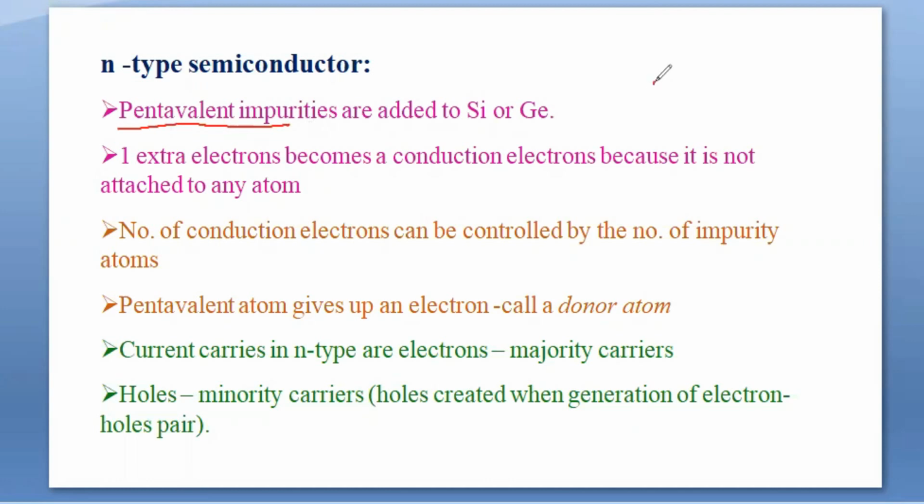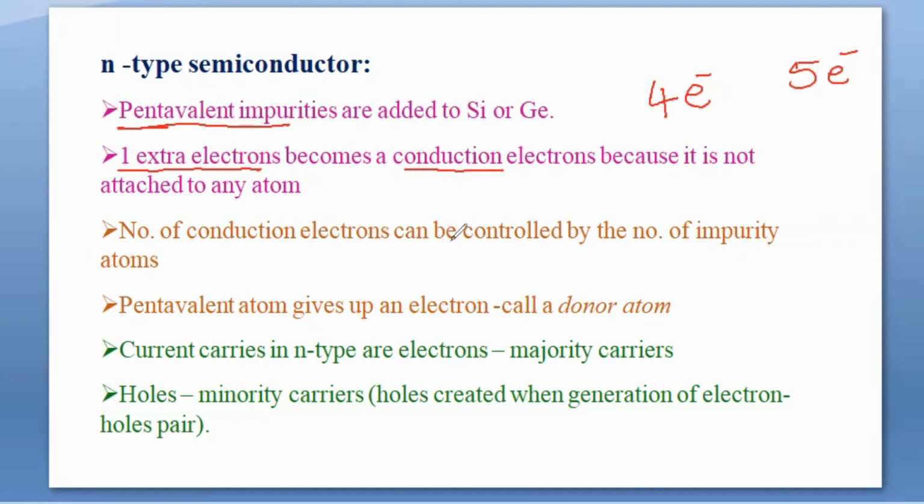Our pure semiconductor has 4 valence electrons, forming 4 covalent bonds with 4 other semiconductor atoms. As we are using pentavalent impurities with 5 valence electrons, one electron is left extra. This extra electron is free to conduct, it is the conduction electron, and it can easily move away from the impurity atom.